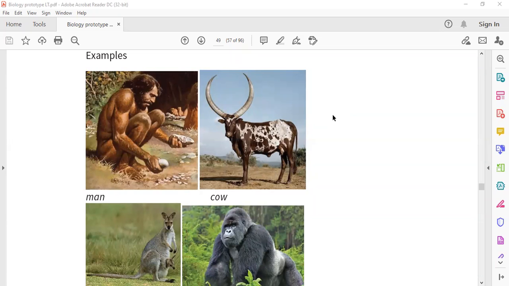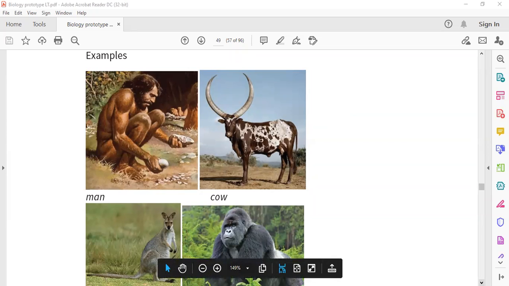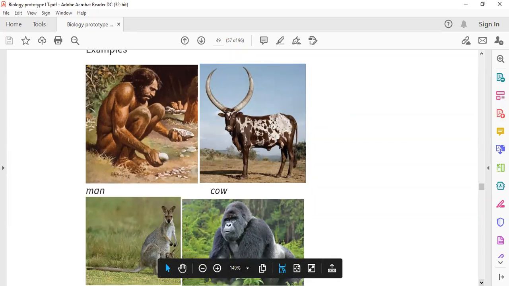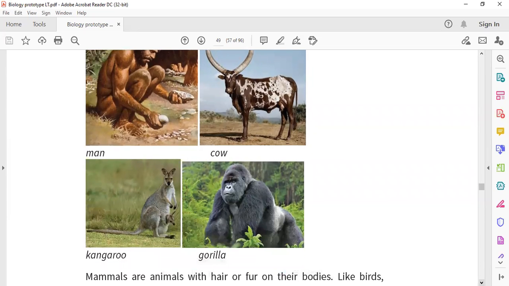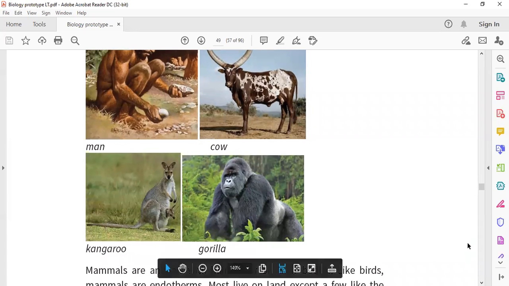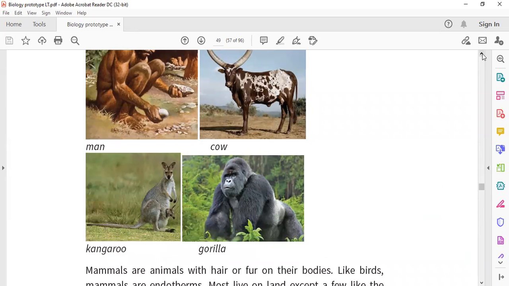Yes, teacher. Okay, take us through the examples displayed. Cow, kangaroo, and gorilla. Very nice.